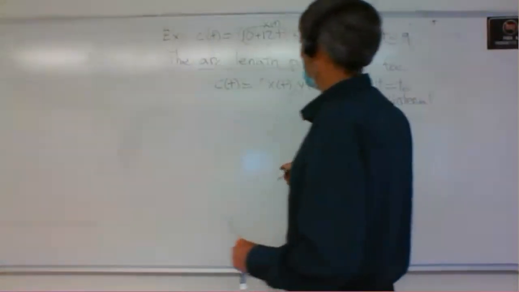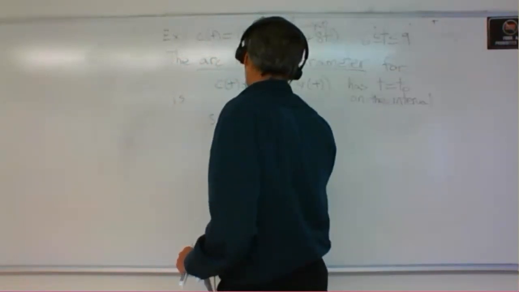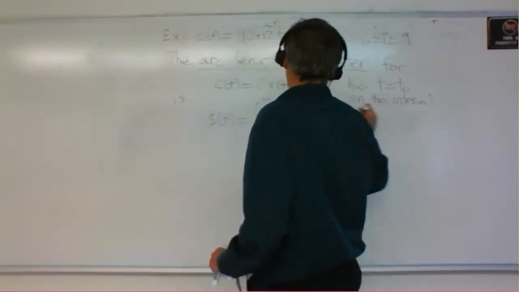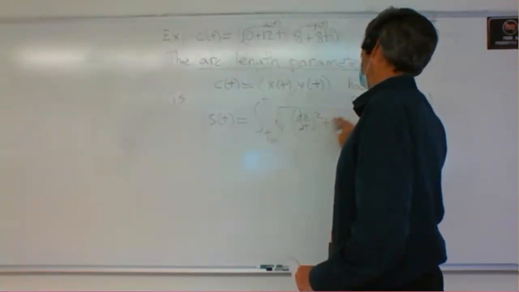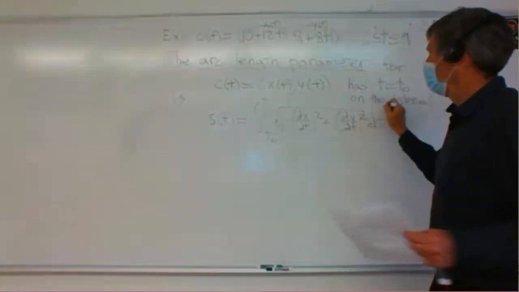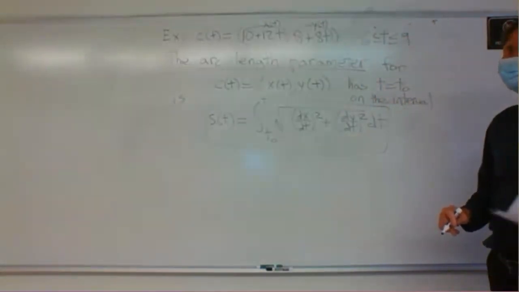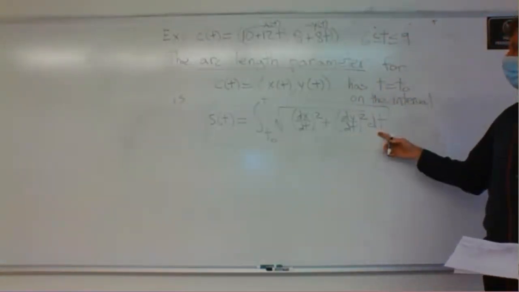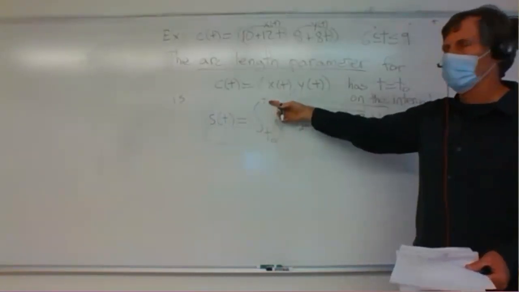And again, for a smooth curve, we'll call it s of t, or just s, will be the integral from t0 to t of the square root of dx/dt squared plus dy/dt squared, dt. So that'll define the arc length parameter. You see why it's called an arc length parameter? This is our arc length formula, except instead of going from a to b, we went from a fixed point t0 to an arbitrary point t. And so what does it measure for us?